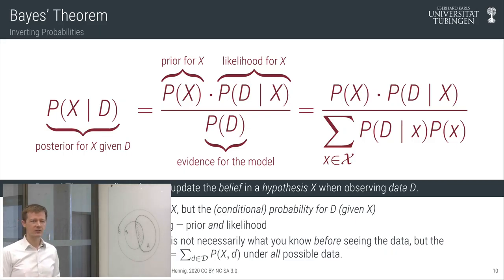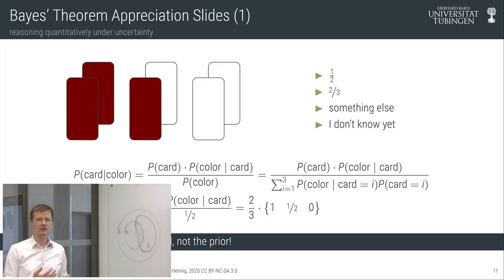And to give you a feeling for that, I'd now like to go through a few example applications and problems and questions to see how we use Bayes' theorem in practice. Let's start with this very simple example that I did at the beginning of this lecture, showing you 3 different cards, one of which was red on either side, one of which was red and white, and the final one was white on both sides.